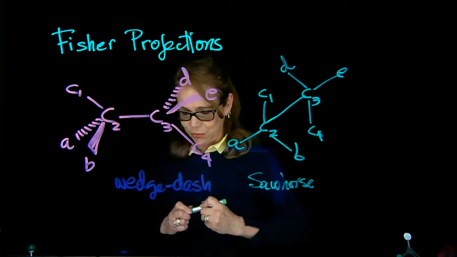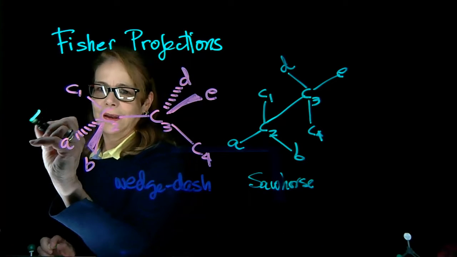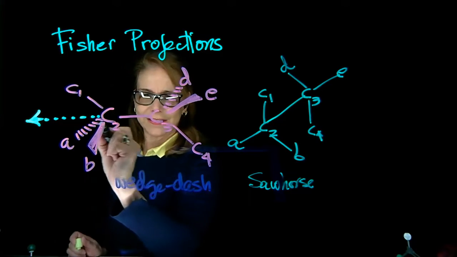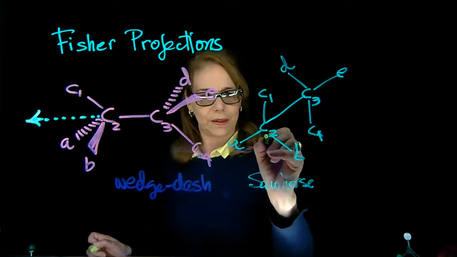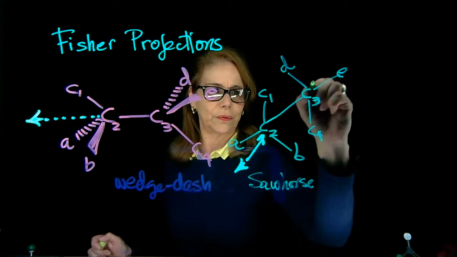Now let's do the Newman projection, looking at carbon 2, and the bond that connects carbon 2 and 3. That's my eye, only that's a different view, so through that bond.